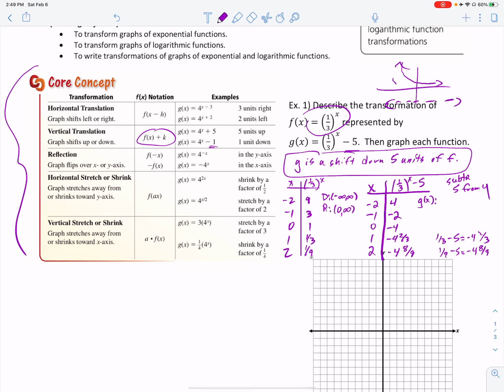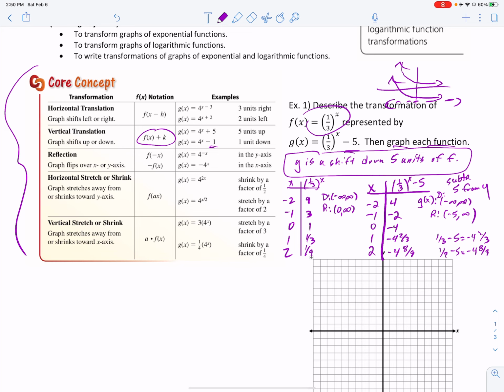And so g is going to look more like this. Its domain is still all reals, but its range, sorry, forgot to label that, is going to be from -5 to positive infinity because it's dropped down.